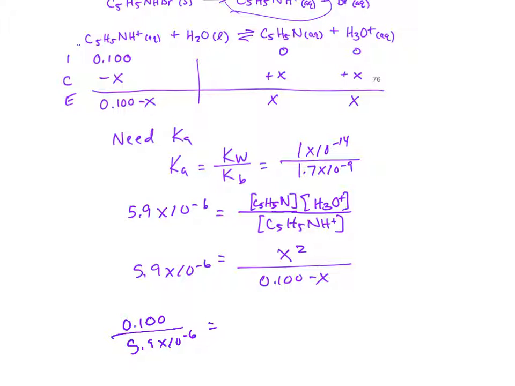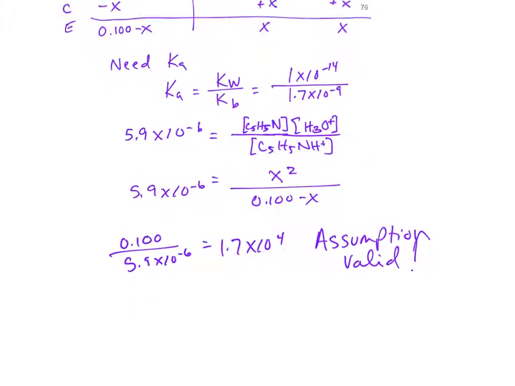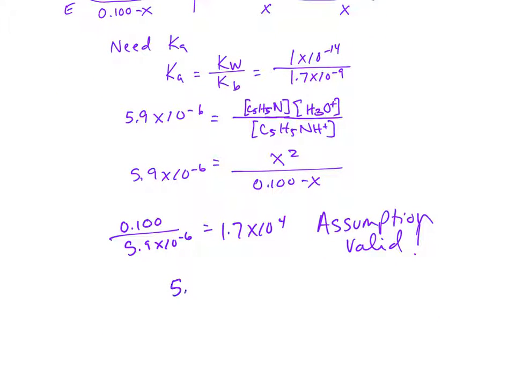I end up with a very large number, 1.7 times 10 to the 4th, so the assumption is valid. And so we can do 5.9 times 10 to the minus 6 is equal to x squared divided by 0.1. Everyone okay with that?